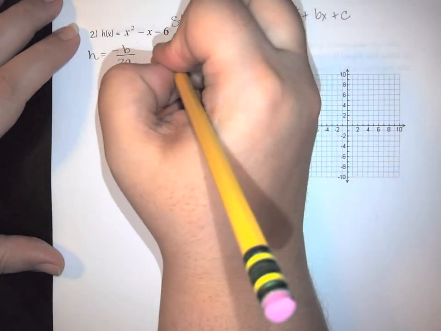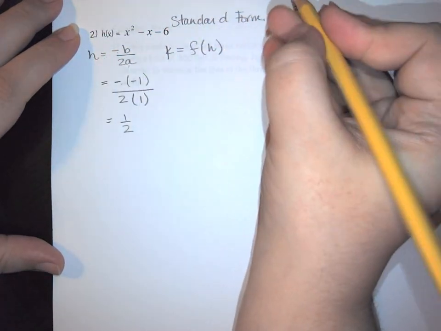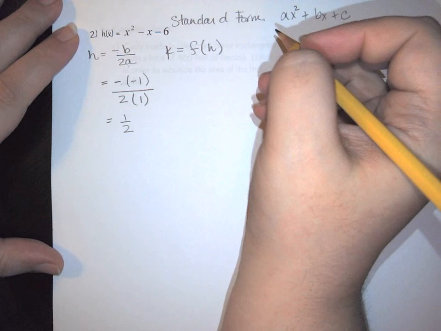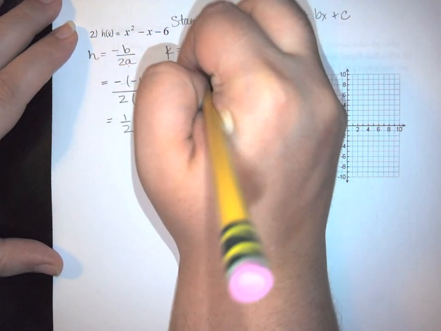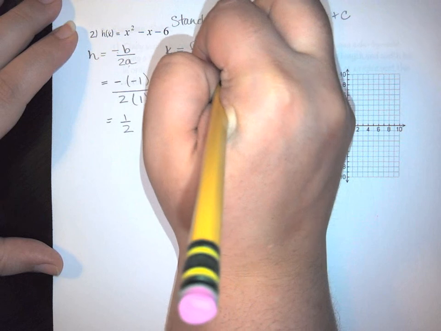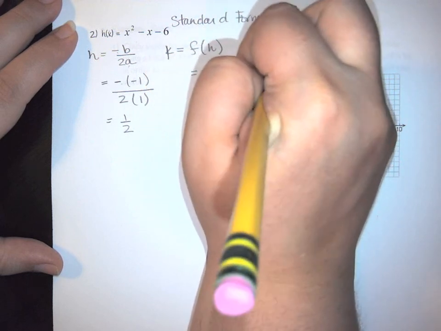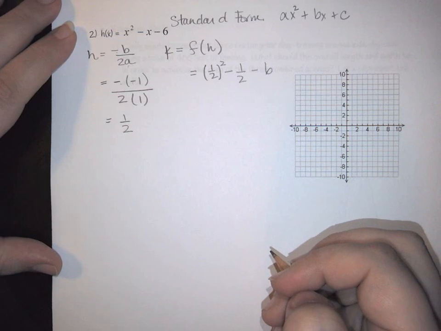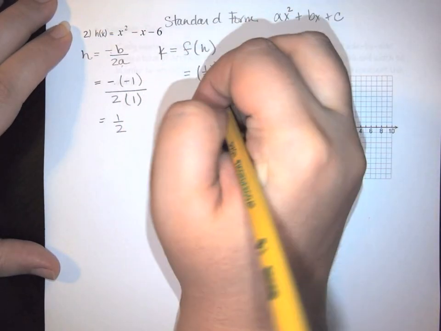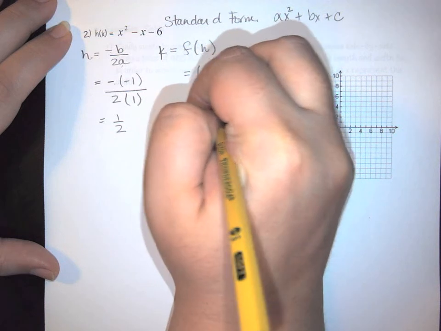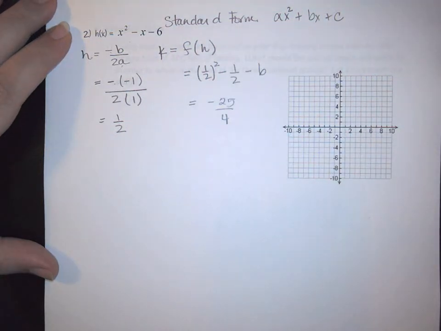In order to find my k, I have to evaluate my function. So here, my k is going to be found by taking my 1/2 squared, minus my 1/2, minus 6. In working that, you should come out with negative 25 over 4 as your result.